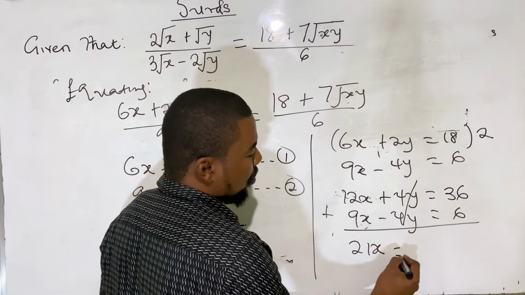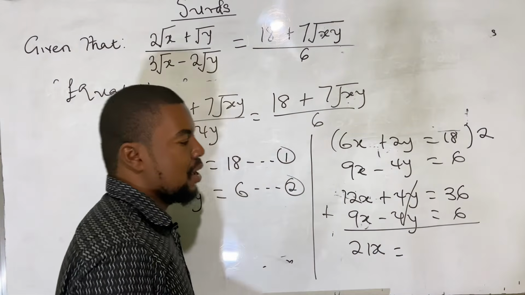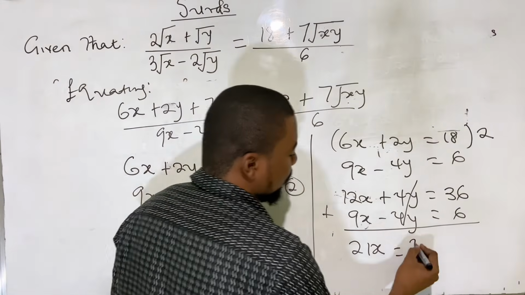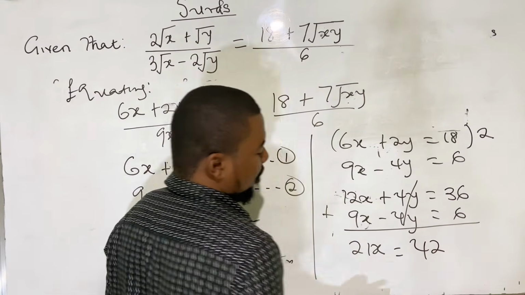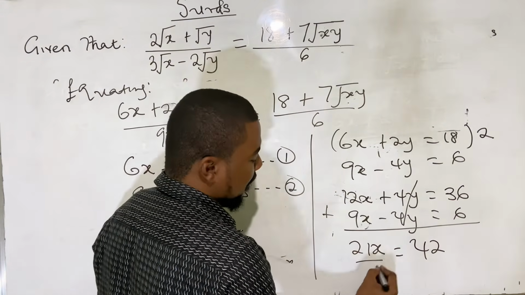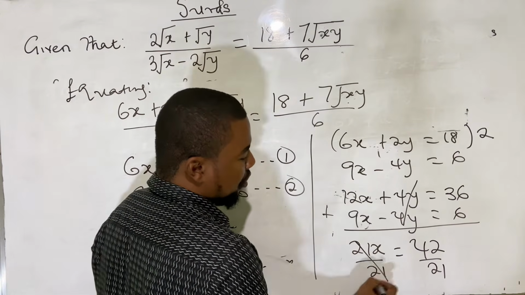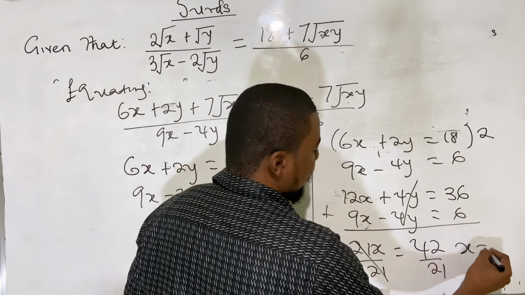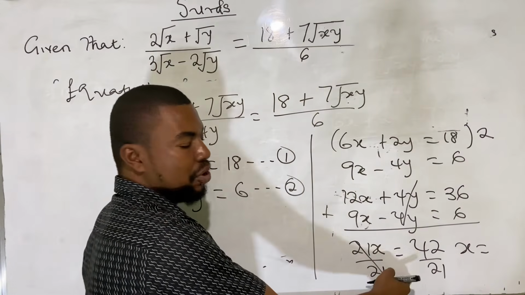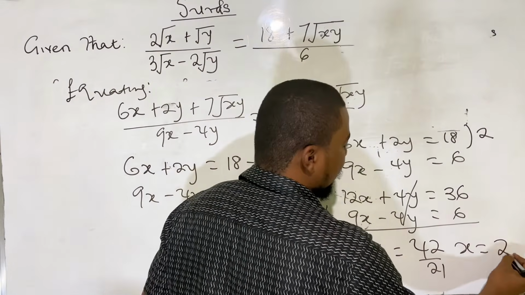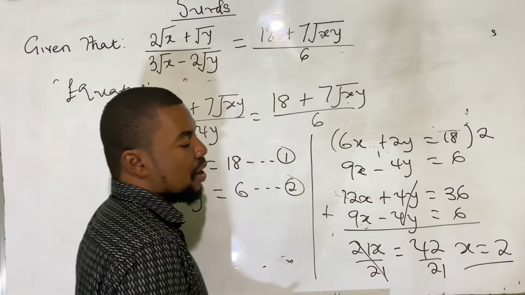This is equal to 36 plus 6, which is 42. To solve for x, we simply divide both sides by 21, and these are going to cancel out. We have that x is equal to 42 divided by 21, which is simply 2. And now we found the value of x.